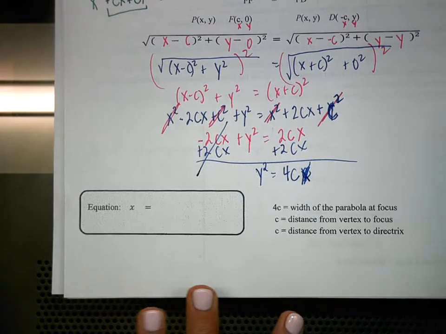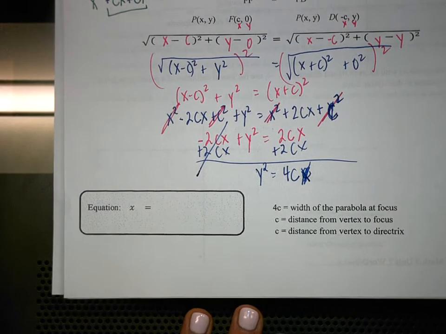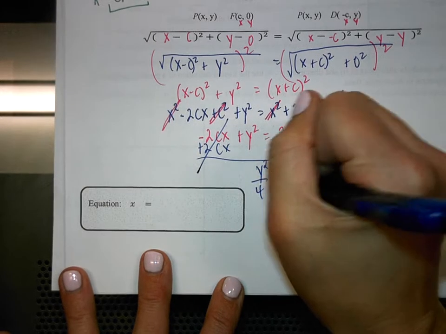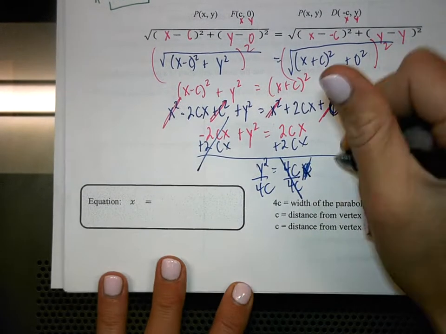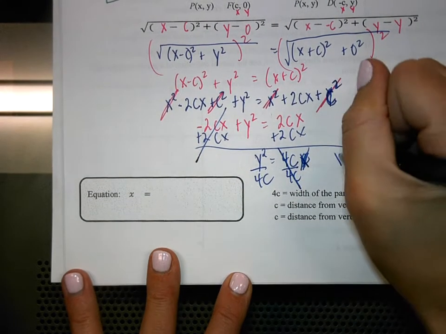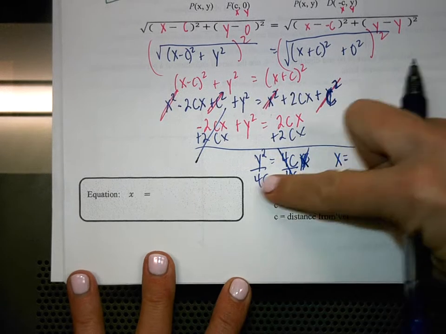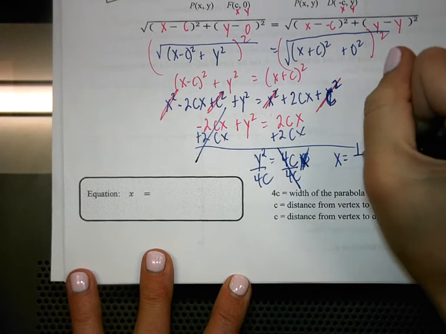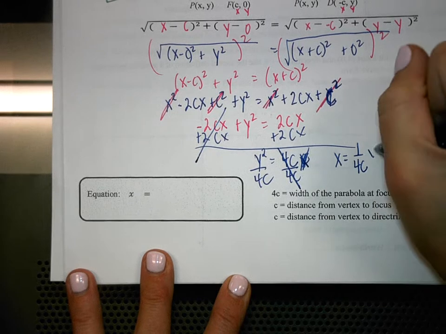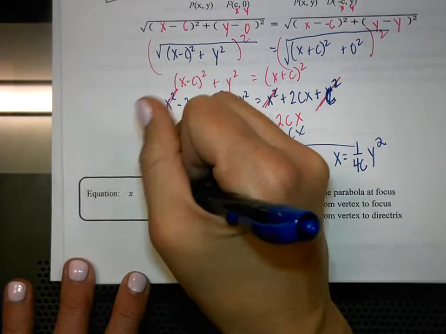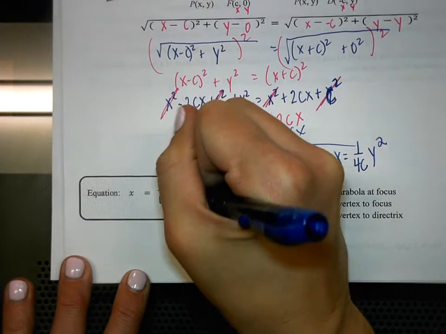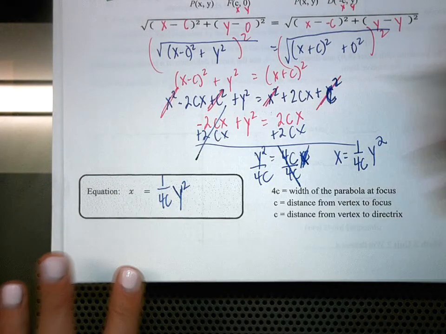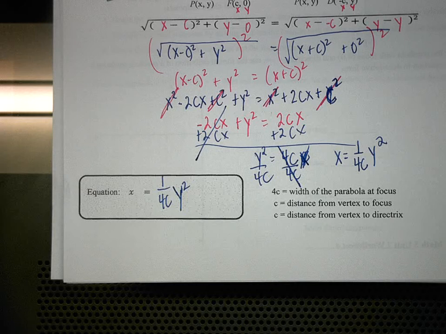And then my last thing would be to do what? To get x by itself. Good. Divide by 4c. And so this equation is x equals 1 over 4c times y squared, since the 4c just represents a number, so we'd pull it out in front. Does this seem similar to you from our y equals equation?